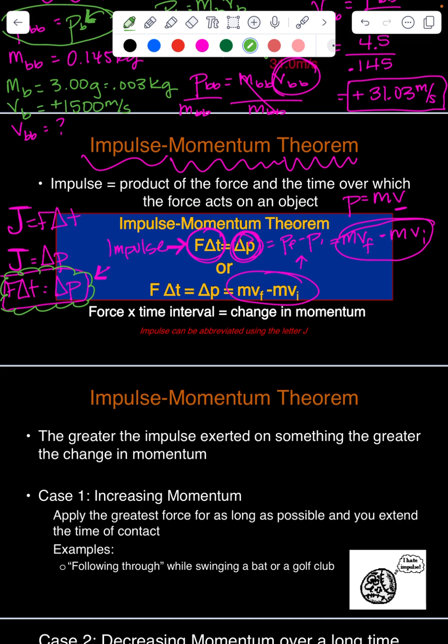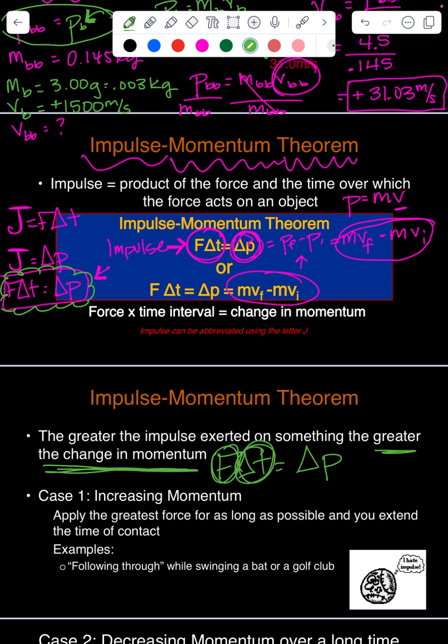So what we want is a huge change in momentum. Well, if we want a big change in momentum, and we know the impulse is what causes that, then we want to apply a very big force over a very long time interval.